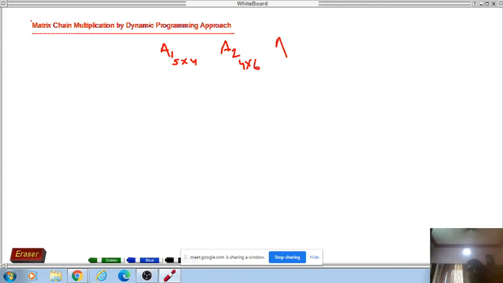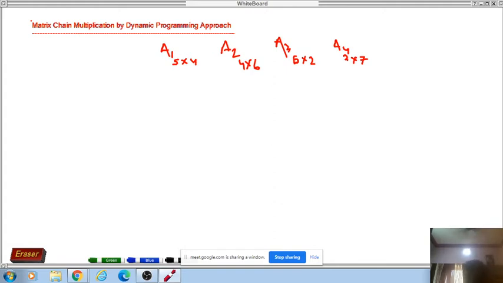Similarly, A3 is a matrix of order 6 into 2, a 6 by 2 matrix. And let's say A4 is a matrix of order 2 by 7. These are the different kinds of matrices I have taken, and these matrices will be used for multiplication.